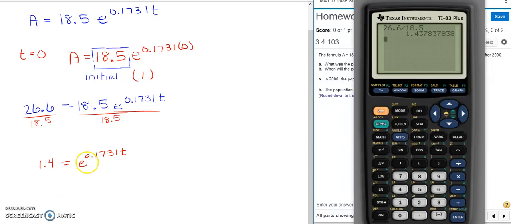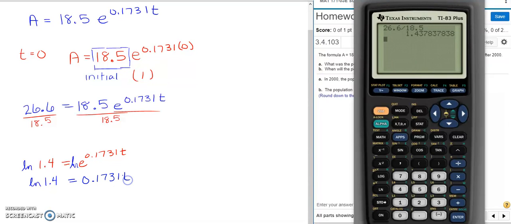Okay, so now that we have the exponential piece by itself, I like to take the natural log of both sides. Okay, and the reason I do that is on the left side we'll have the natural log of this decimal. And on this side, since the natural logarithm and the exponential base here are inverses, you're essentially left with just what's in the exponent.